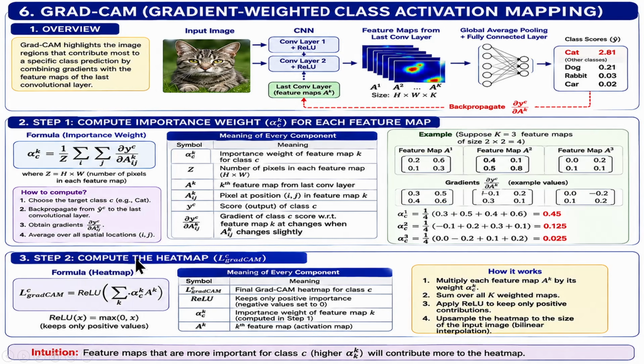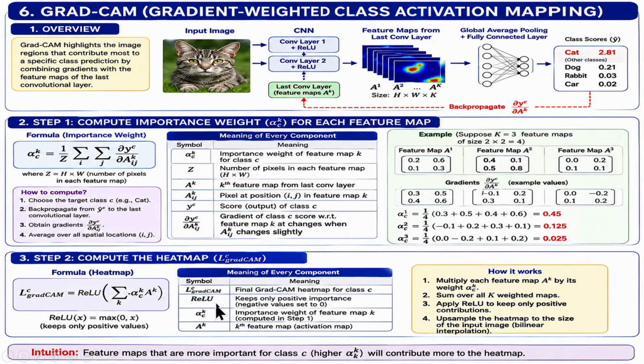In the third step, we compute the heat map. Please understand the formula of the heat map. We use ReLU, and we take this AK is the kth feature map. This alpha CK is the importance weight of feature map. ReLU keeps only positive importance, negative value set to 0.